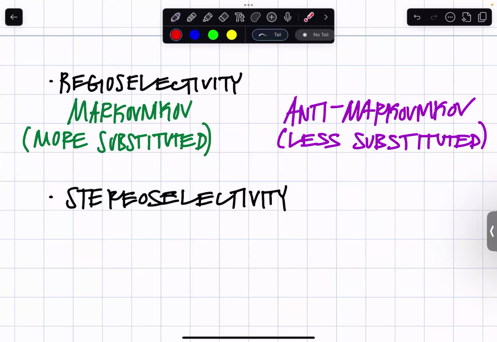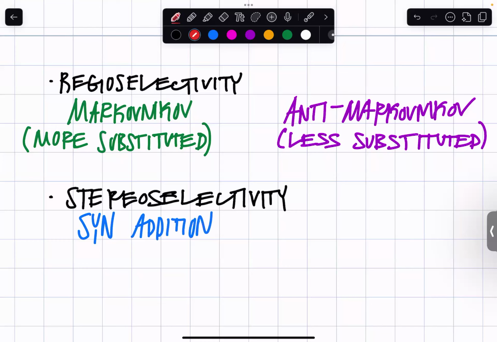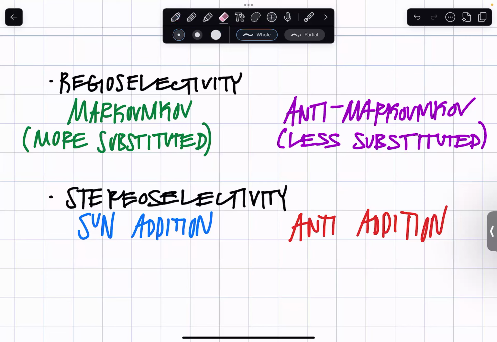Now for stereoselectivity, there could be a syn addition, or there could be anti-addition. Syn addition is just a way of saying the two things are going to add on the same side.